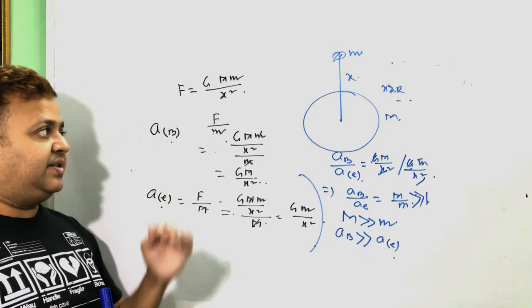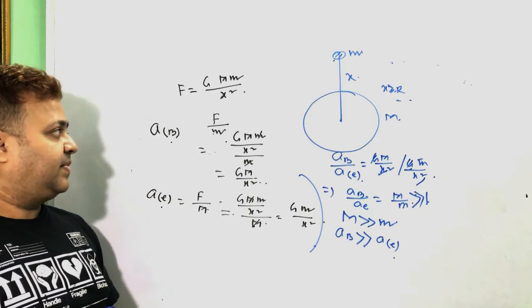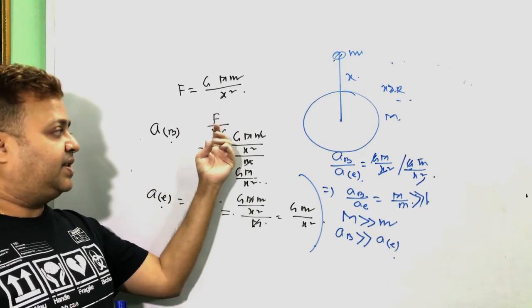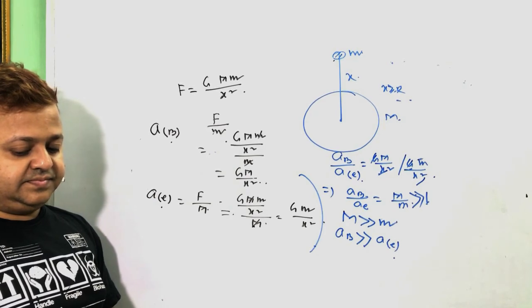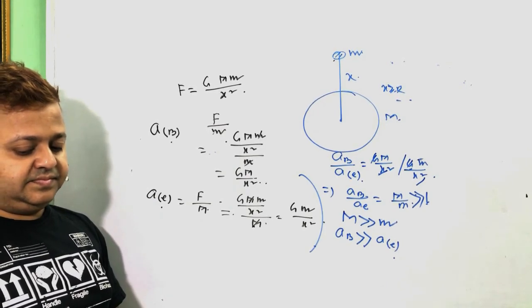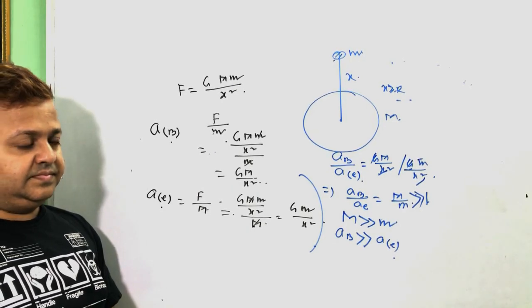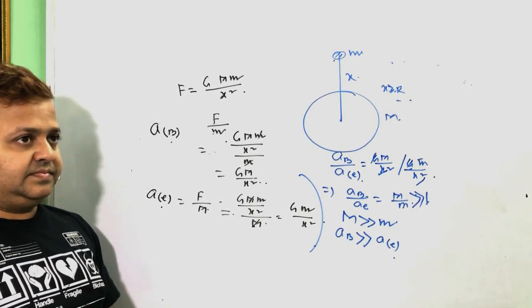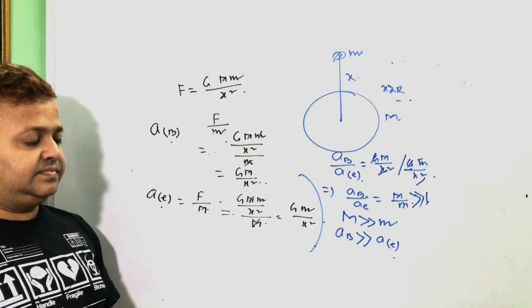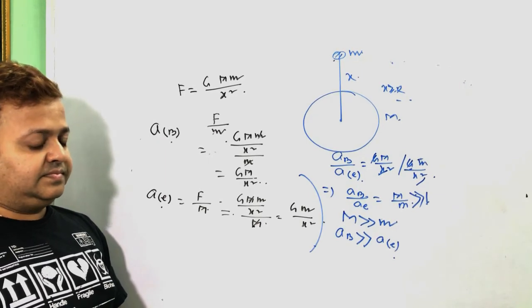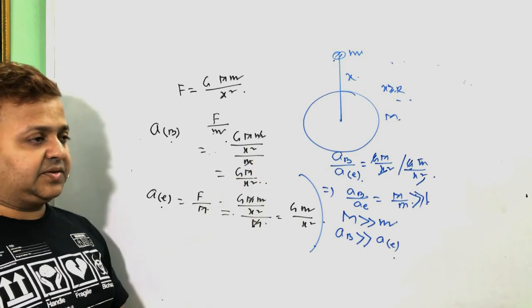So the acceleration of the body equals force by mass of the body, which is G m by x square.